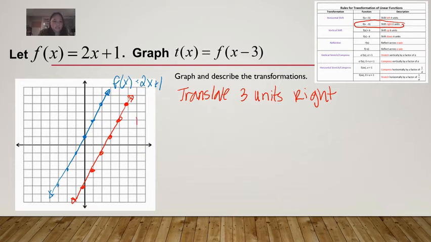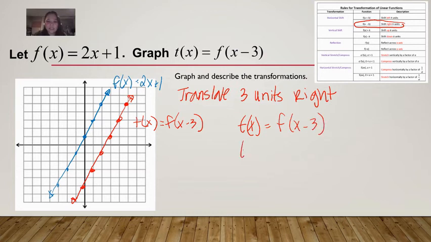So this here is t of x equals f of x minus 3. Let's go ahead and try to solve for that. If I was to plug in f of x minus 3, I want to see what happens to that. So I know that f of x is equal to 2x plus 1. In order for me to get t of x, I have to take the original function, but substitute x minus 3 into this one here. So let me just rewrite this so you guys can see.